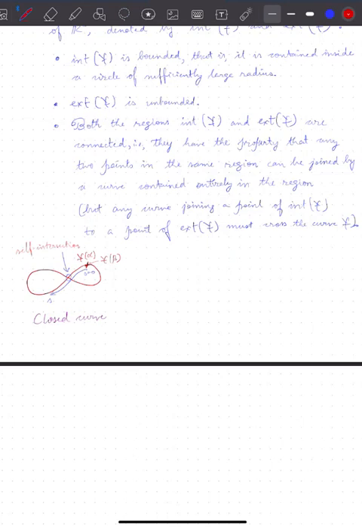Let's remove this self-intersection, or have a curve in which there is no self-intersection. So say this is our curve, some general curve.